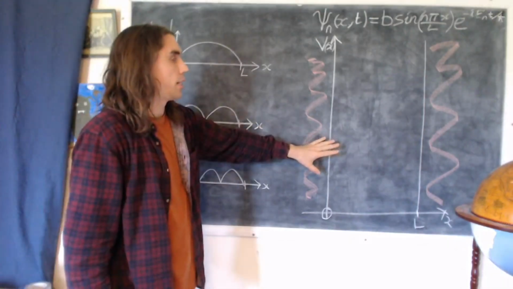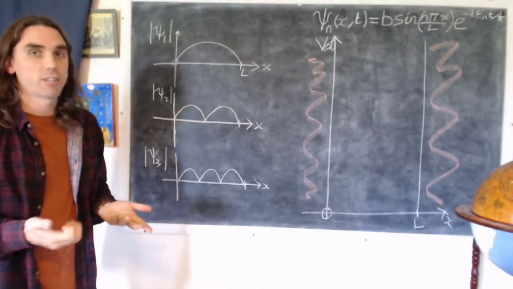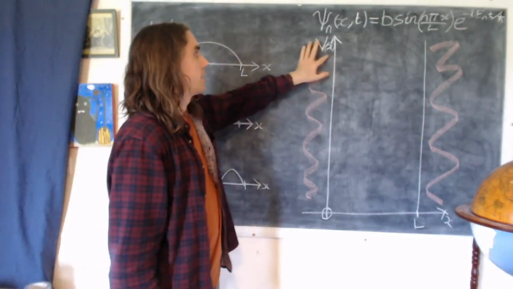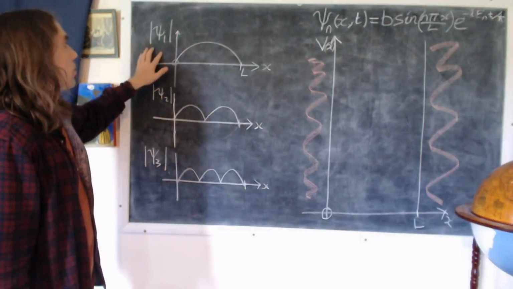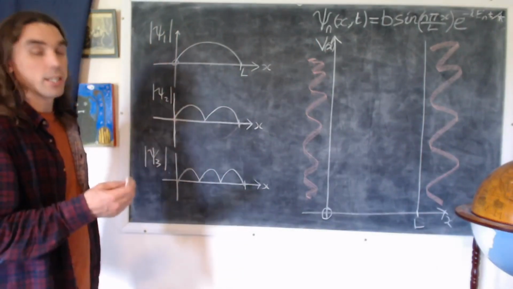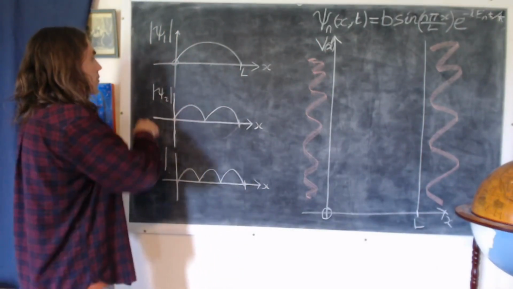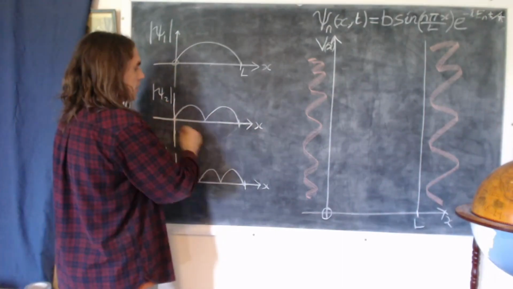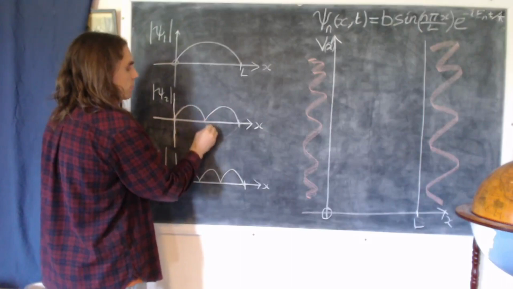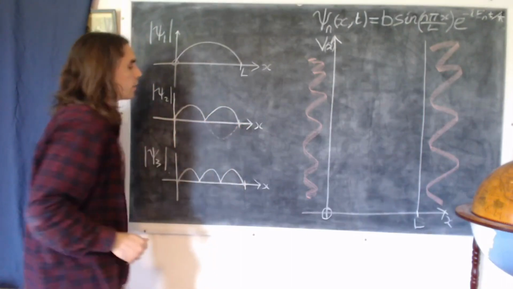Now, of course, that's slightly incorrect because the y-axis here is the potential, whereas the y-axis over here is the modulus of the wave function. Even worse, we sometimes like to write what we write down as psi without the modulus sign on it, which would in this case come through down like this.